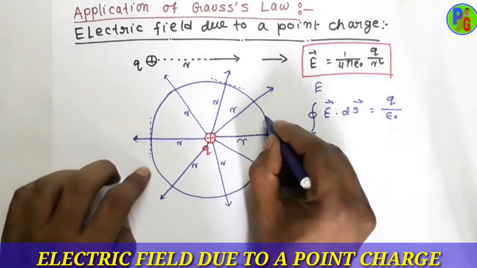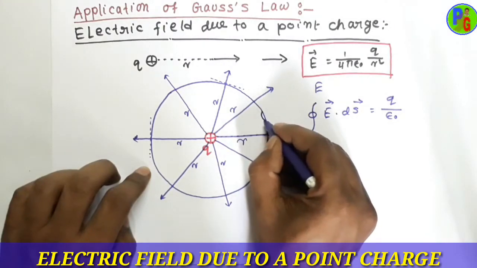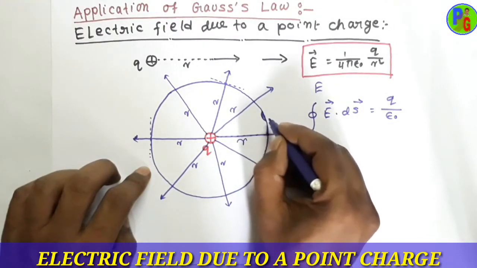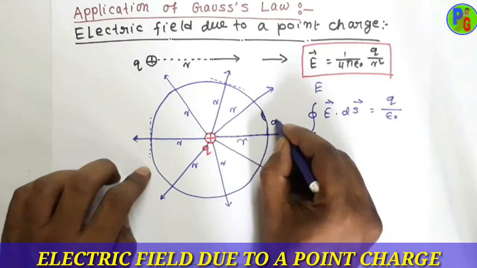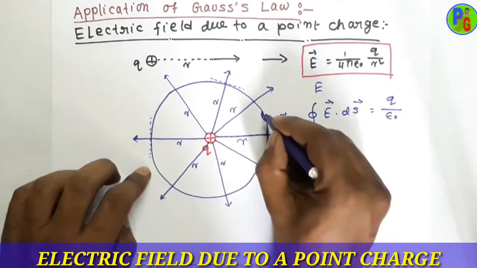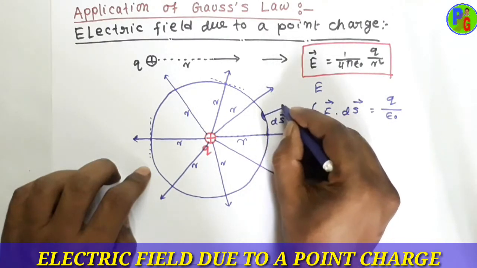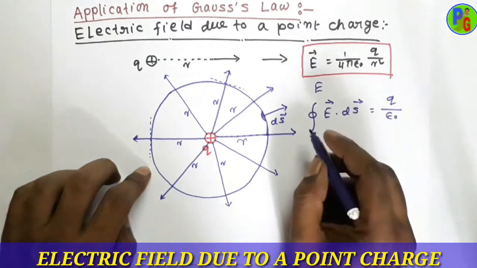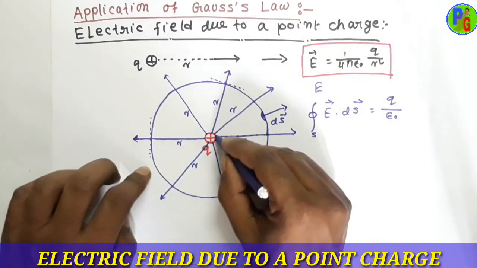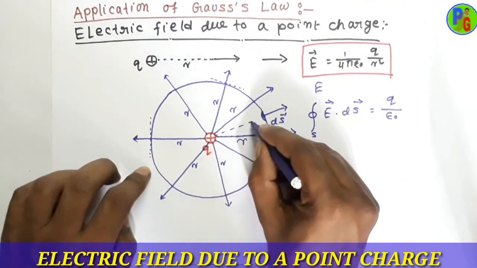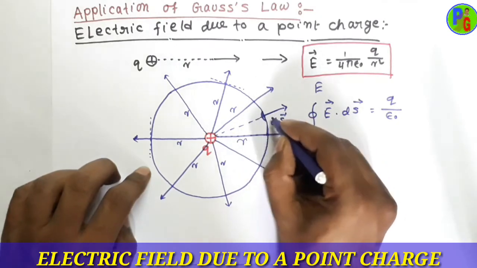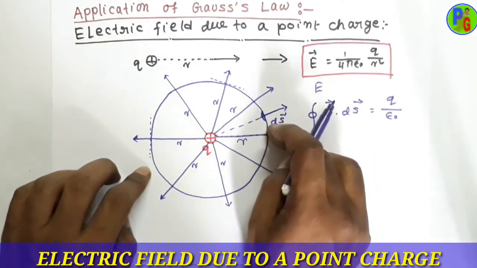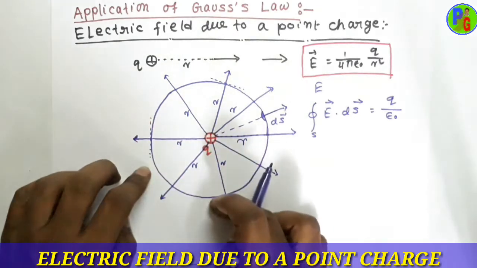That is, if you take an elementary surface area ds, then ds here will be given as this line. And you can also see that the electric field is in the same direction as ds all over the surface.